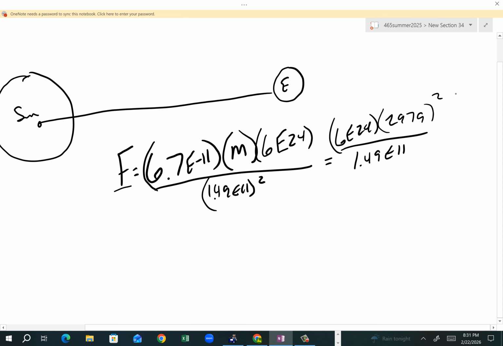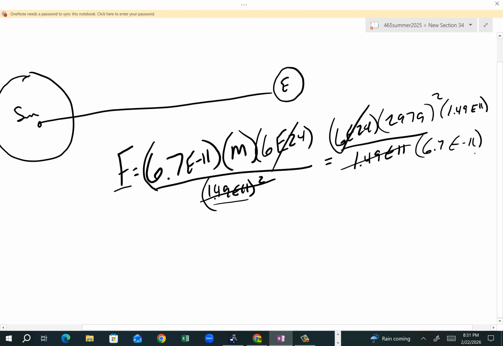Now, what can cancel? I'm going to multiply this to the other side, so 1.49 E11 ends up on top, and then I divide by 6.7 E minus 11.